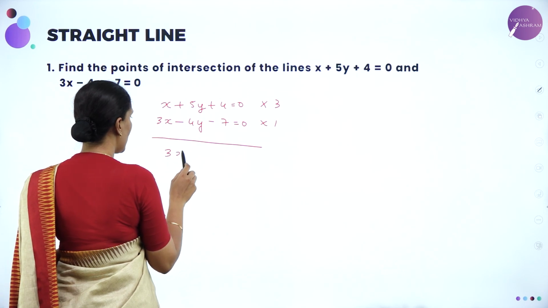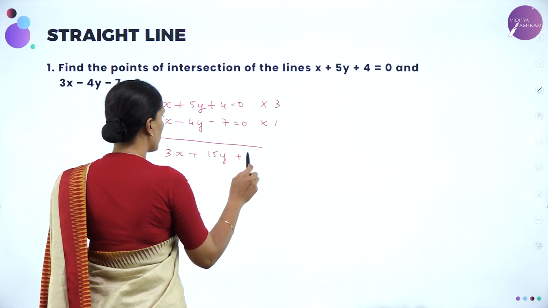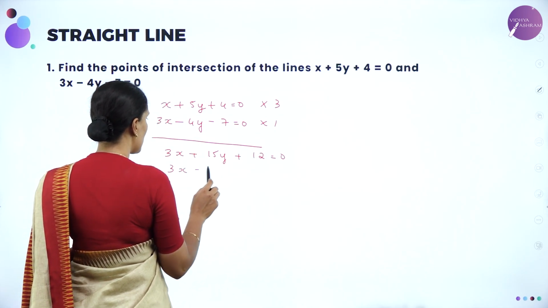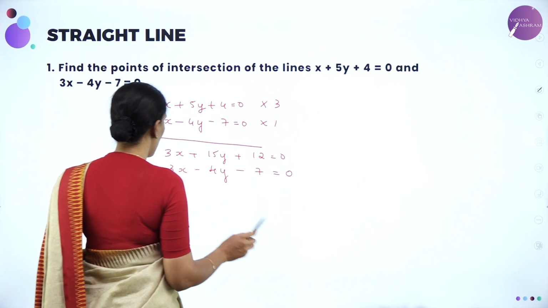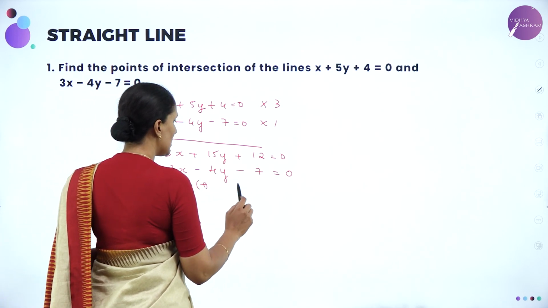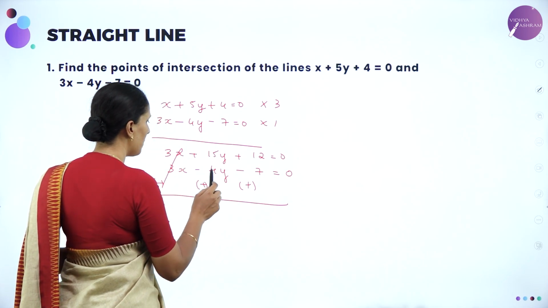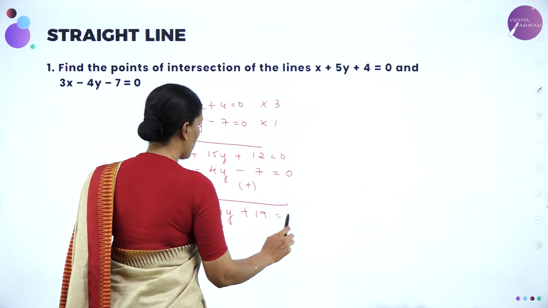This becomes 3x plus 15y plus 12 is equal to 0, and the second remains the same, 3x minus 4y minus 7 is equal to 0. Now let's subtract. When subtracting, you change the signs of the second equation. So now this becomes 19y plus 19 is equal to 0.